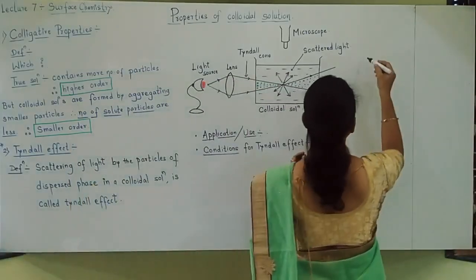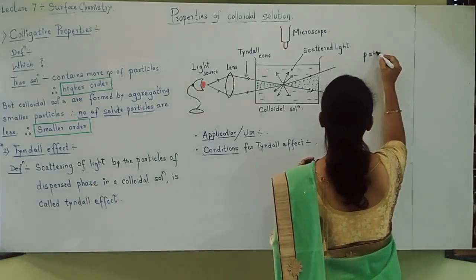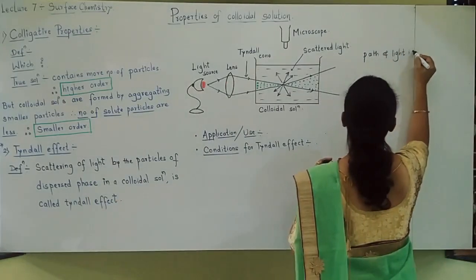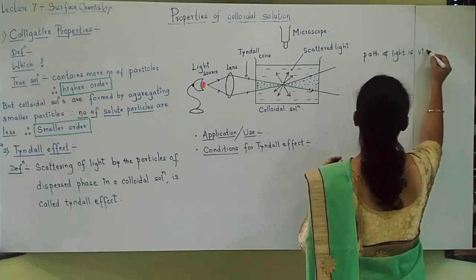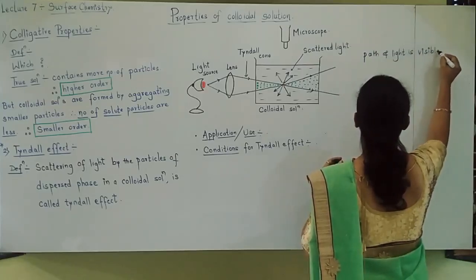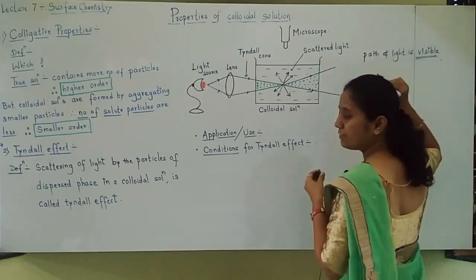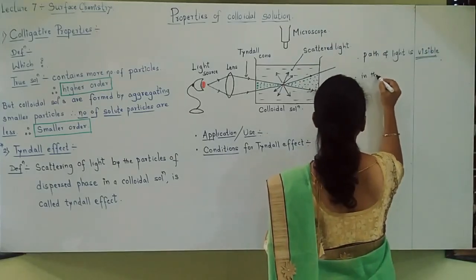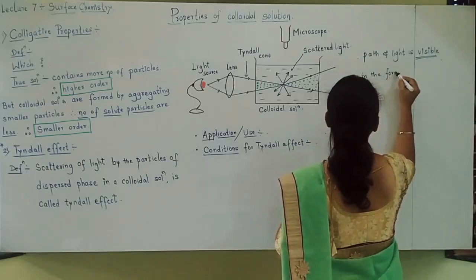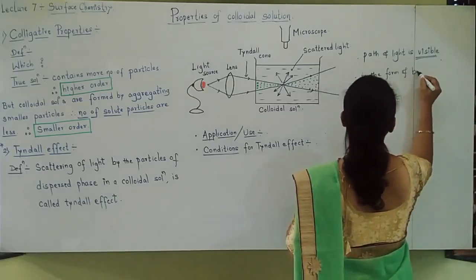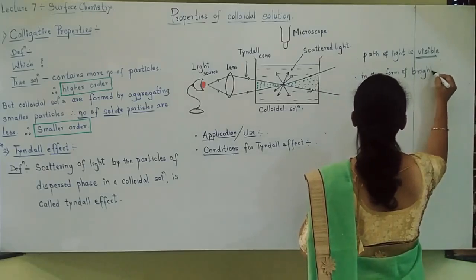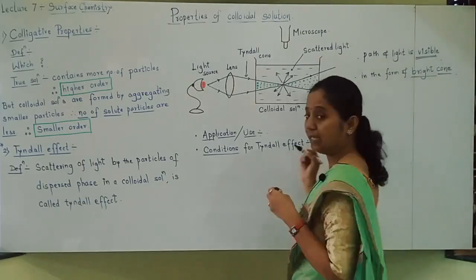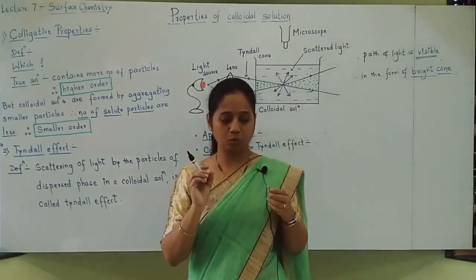Okay, here I will write: path of light is visible in the form of, important points I am writing, in the form of bright cone.